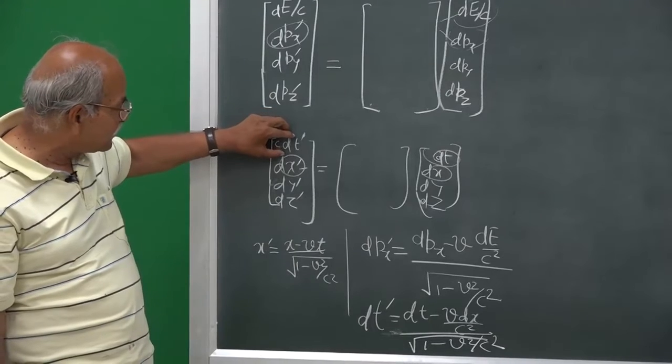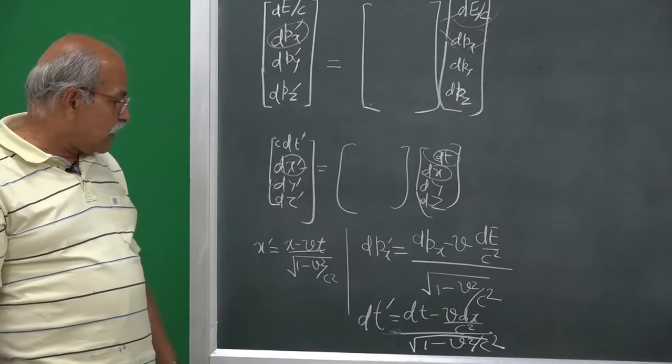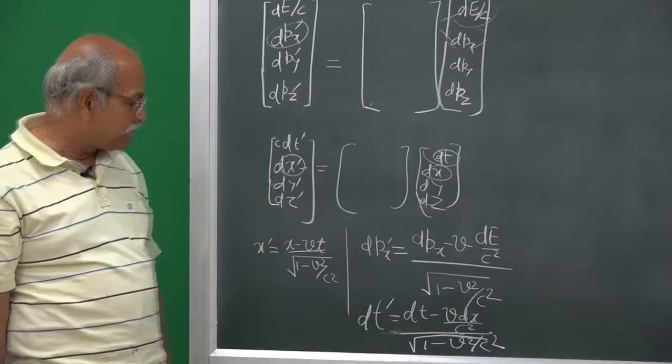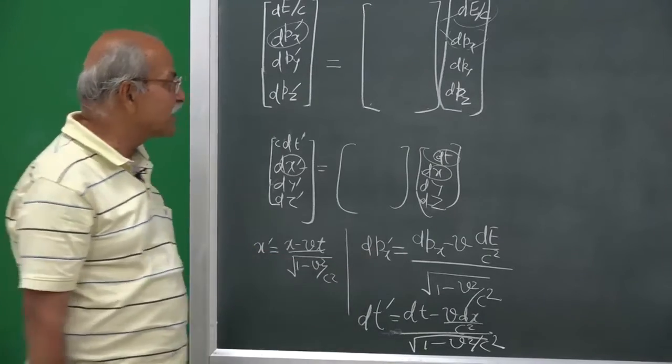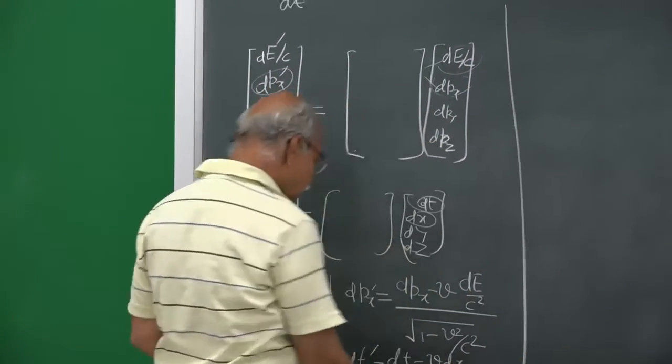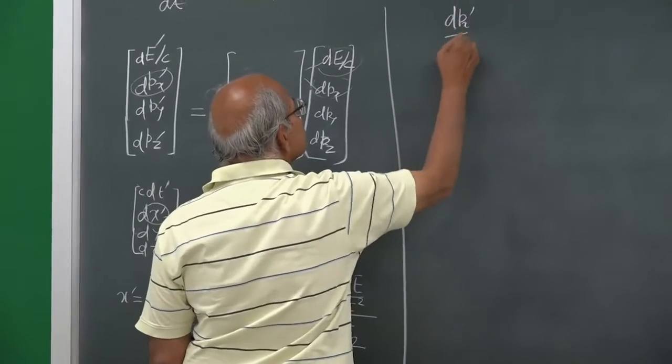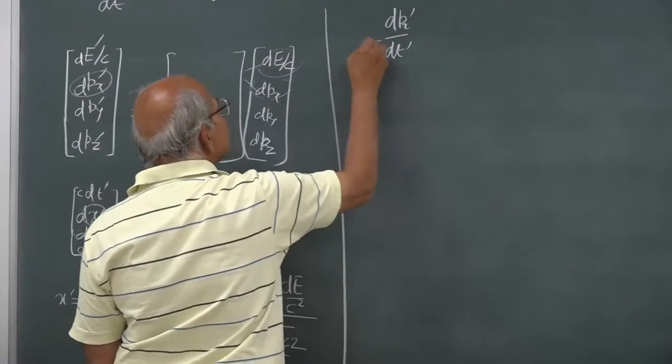Now, we have dpx prime, we have dt prime. So, divide, what do you get? dpx prime divided by dt prime. This is nothing but fx prime.